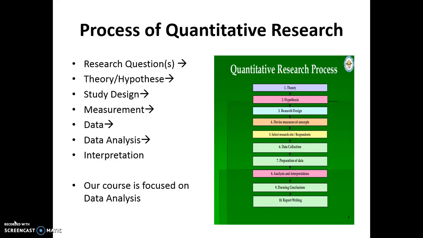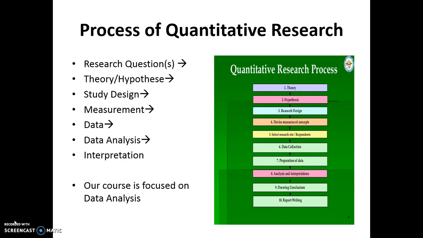The process of quantitative research, you have probably seen this. It's a process. We start out with research questions and we develop a theory or hypothesis, and then we do the study design where we choose measurement tools, and then we do the study and collect the data, and then we analyze the data, and then we interpret the data analysis results, and then we answer the research question.